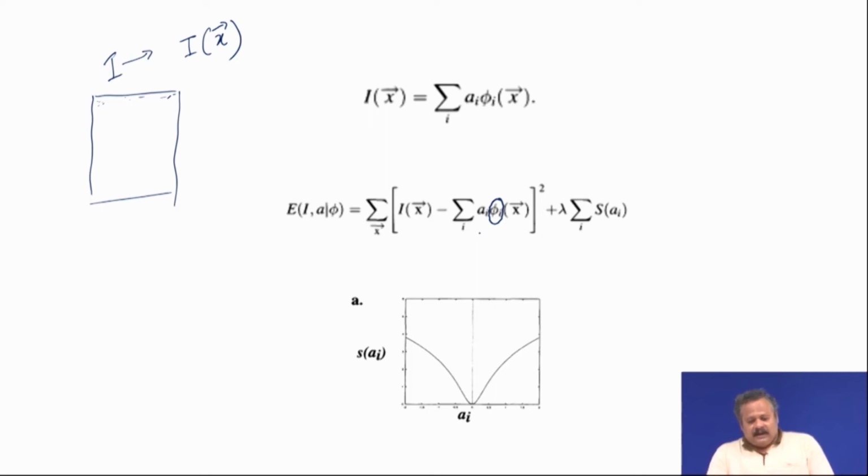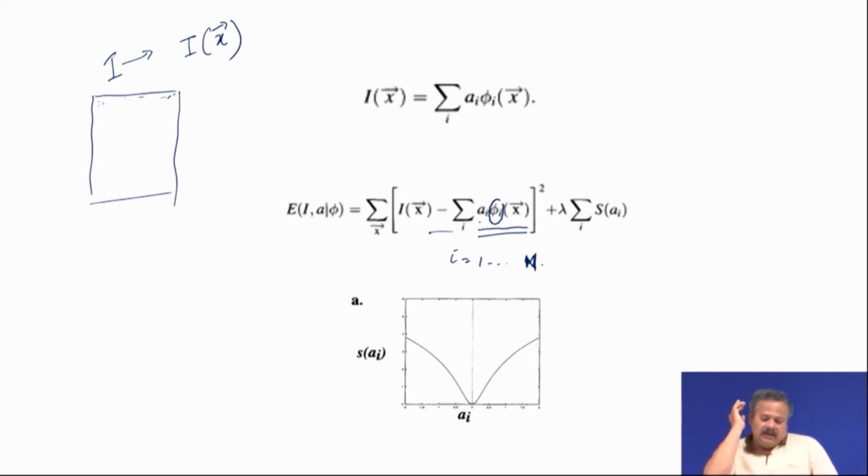So, the term Ai phi i(x), together over all the units i equals 1 to capital N, as we saw, these capital N units have these activities A1 to AN. And for one particular image, the difference between the two is the error in every pixel. The mean squared error is represented by squaring that term and summing over x.